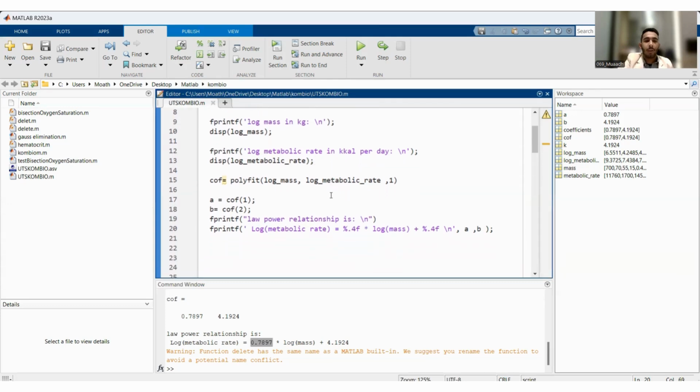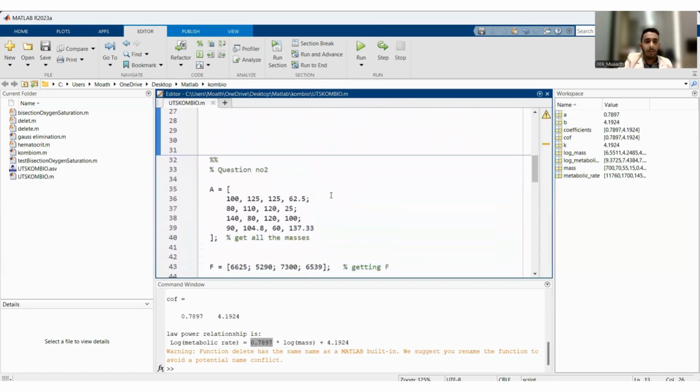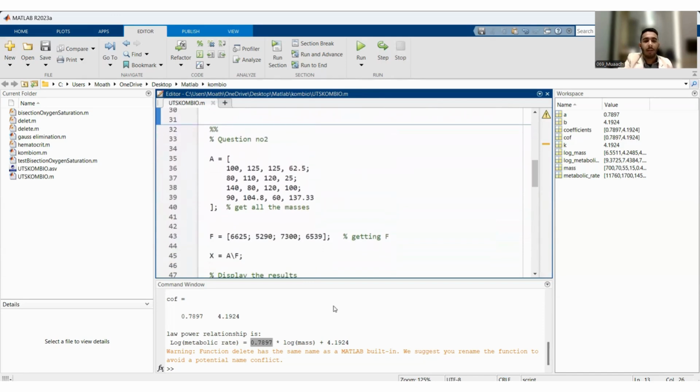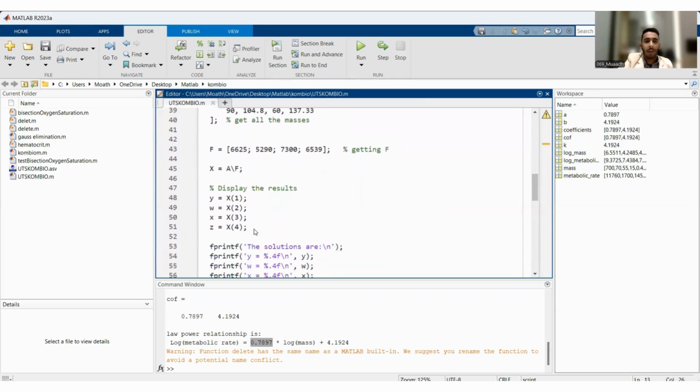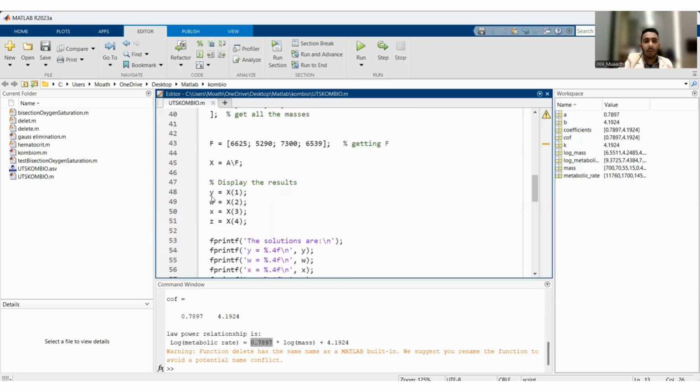I would also show the code for the second answer, which has the variables A, K, L for Y, W, X, and Z, and this for F. We're only going to need to divide A over F and display the result of Y for the first column, W for the second, X for the third, and Z for the fourth.